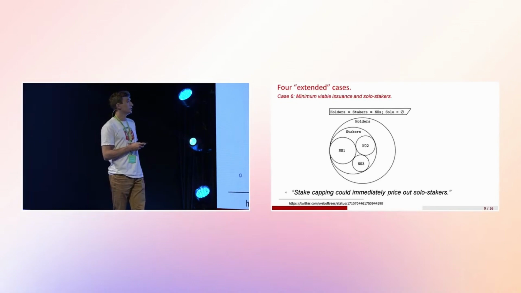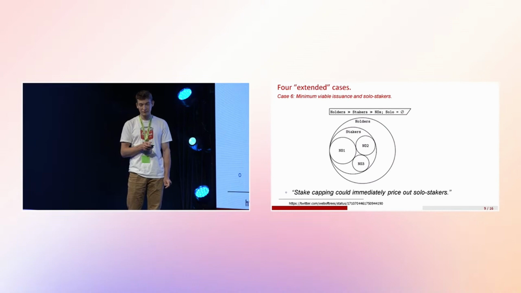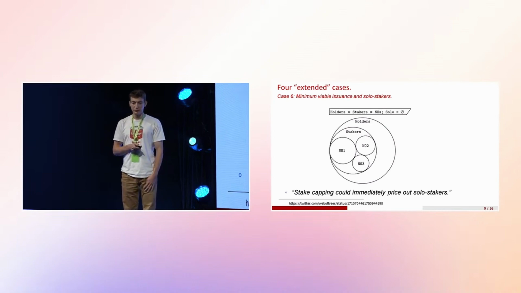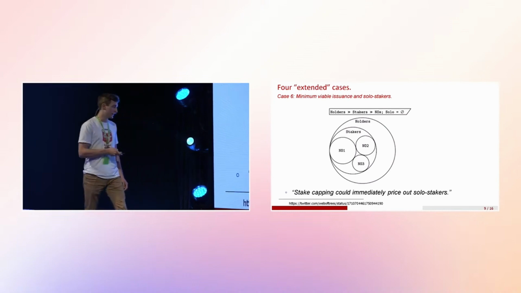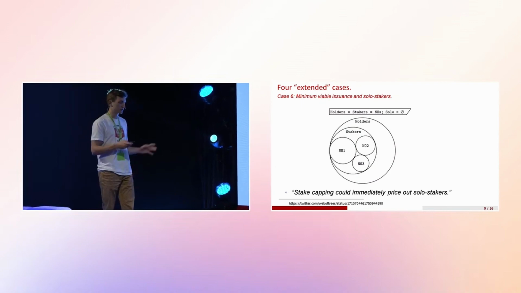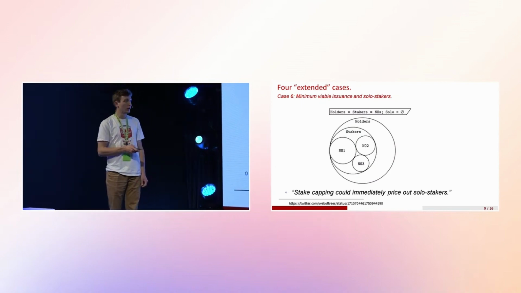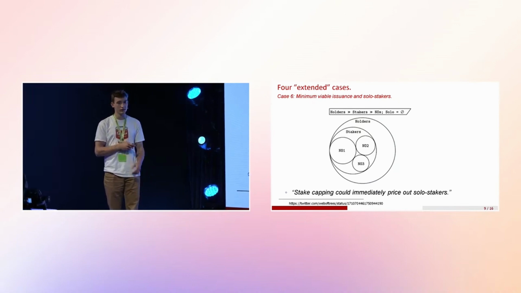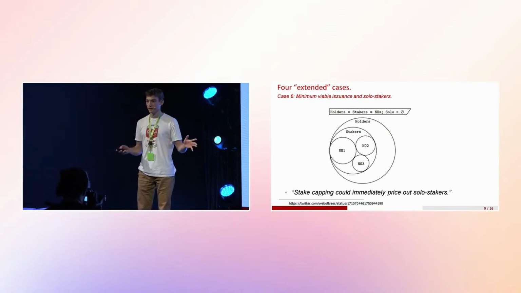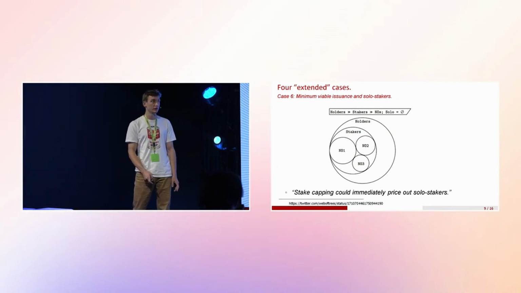Case 6 is the relationship between minimal viable issuance and solo staking. I'll mostly refer the interested reader to this tweet thread for a discussion on minimal viable issuance, but the idea here is that up until this point, we've always said that the solo staker set was non-empty. So solo stakers exist and they meaningfully contribute to Ethereum censorship resistance and decentralization.